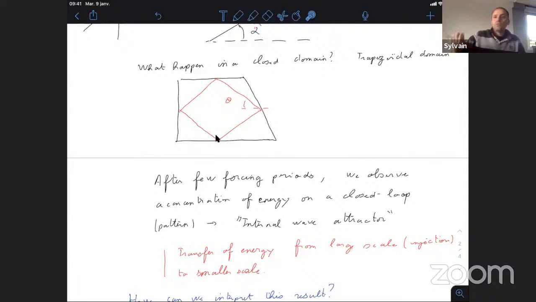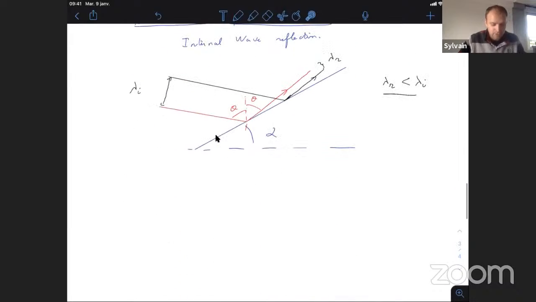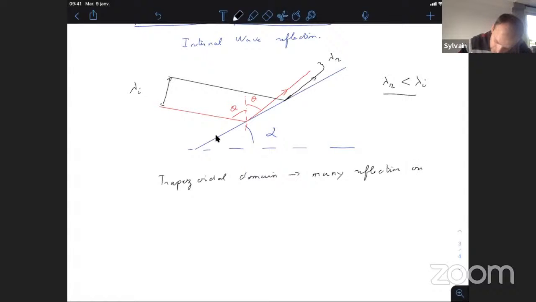So by this closed domain, we have many reflections on the slope and many transfers to smaller scale. So that's one part of the trapezoidal domain. The domain has been chosen to have many reflections on the slope.